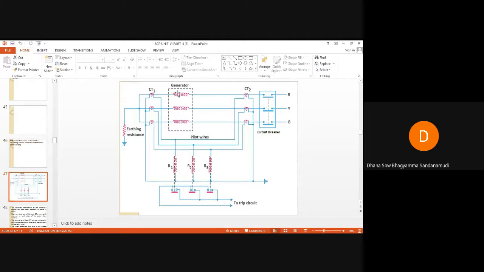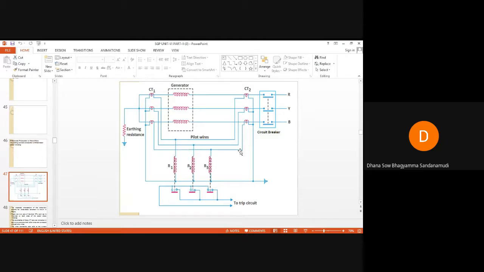alternator winding, three-phase winding. So this is the schematic arrangement of the alternator stator windings, to which we are providing the Merz-Price protection.